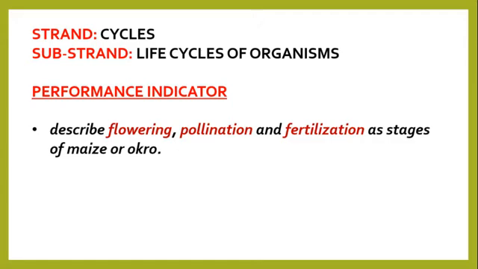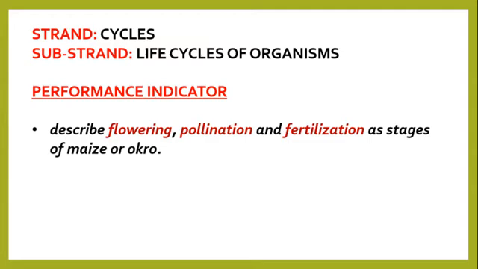Yes, we are still looking at cycles, and today we'd like to touch on describing flowering, pollination, and fertilization as stages of maize or okra. In our previous lesson, we touched on 2 stages of the life cycle of okra or maize plants.